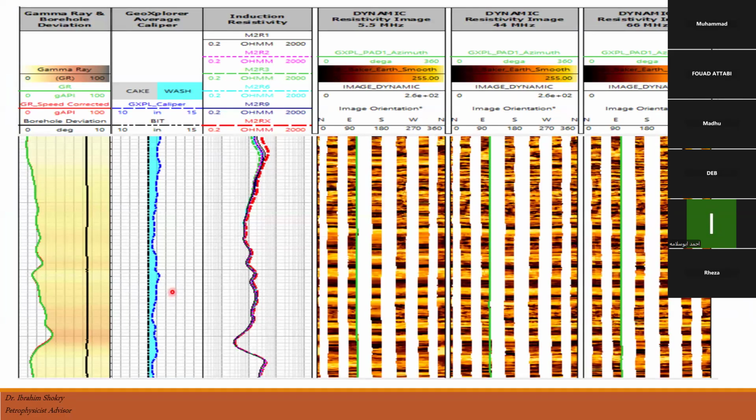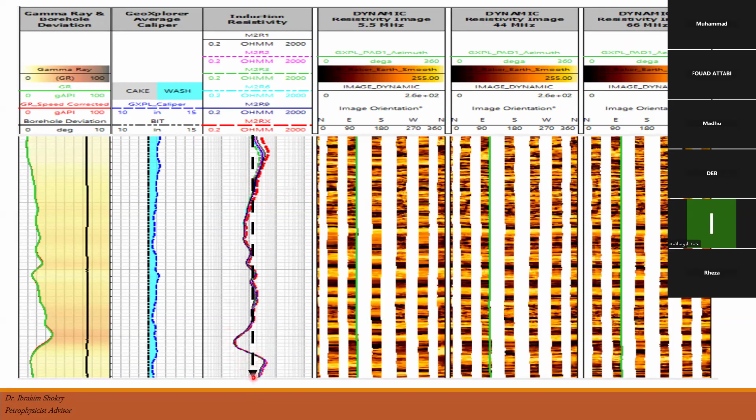This is our example. This is our gamma ray. This is our caliper and washout, and the resistivity curve in its three modes of frequency. This is the first mode, which is low frequency, and the highest frequency mode.